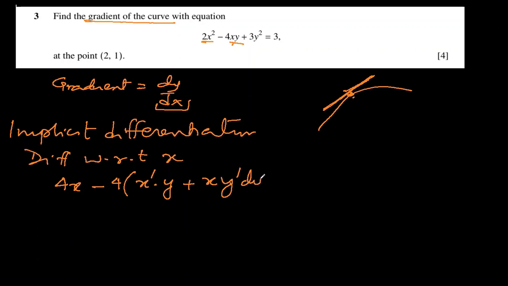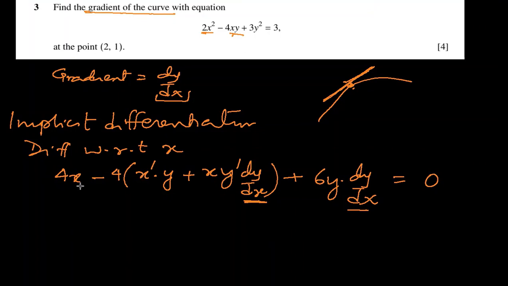And if we are differentiating y, I told you we have to suffix it with dy over dx. Plus, the differentiation of 3y squared will be just like x, 6y. 2 came and multiplied with 3 became 6, and the exponent went down by 1. Since we have differentiated y, we will add a suffix again, dy over dx. Differentiation of 3 is 0.